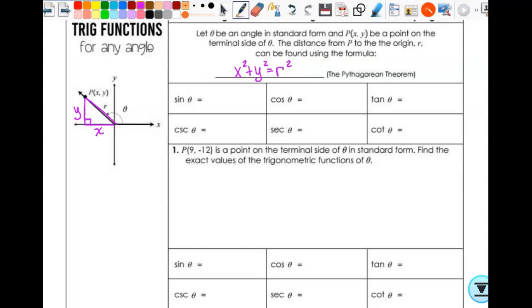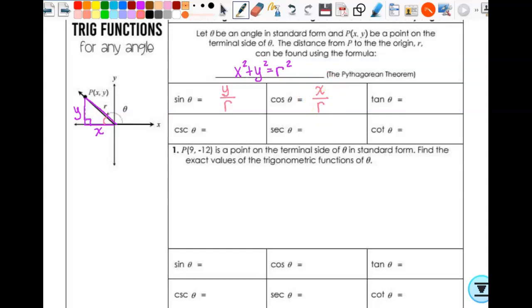But to find sine and cosine and the rest of these, it's still your same SOHCAHTOA type stuff. If this is my reference angle that I'm using for theta, then my sine is opposite over hypotenuse. That is y over r and not just y. Cosine would be x over r and not just x.